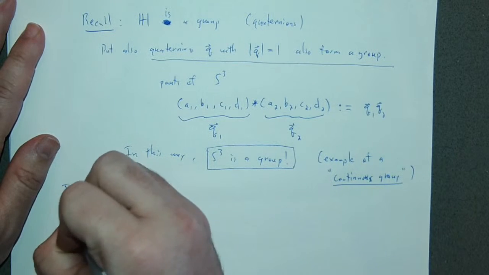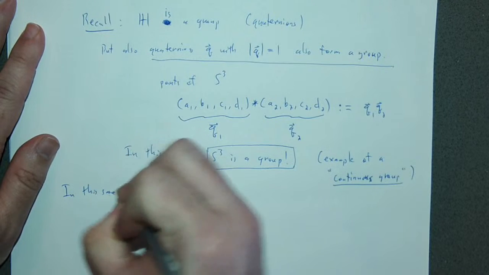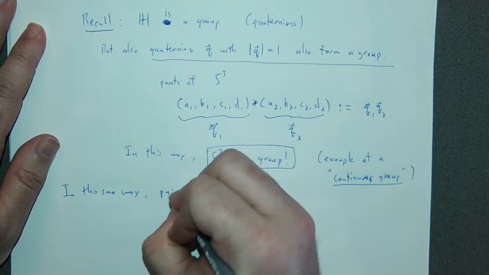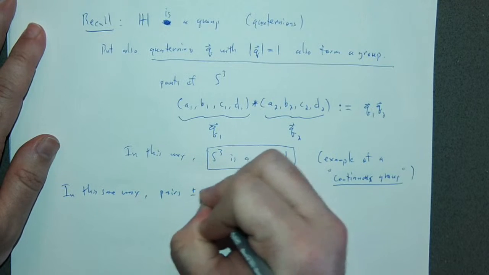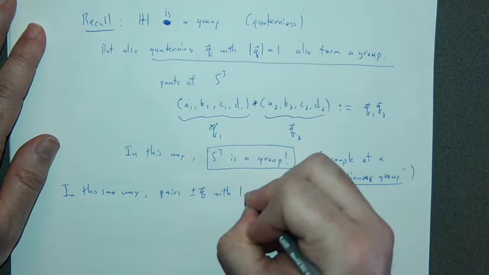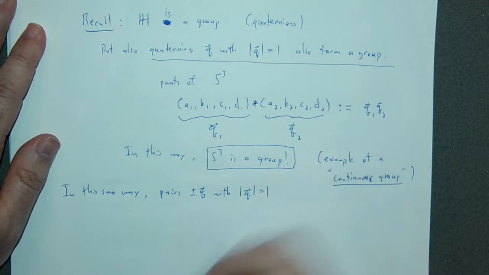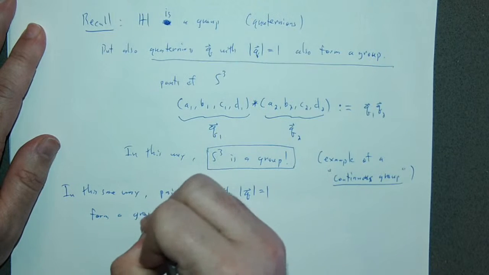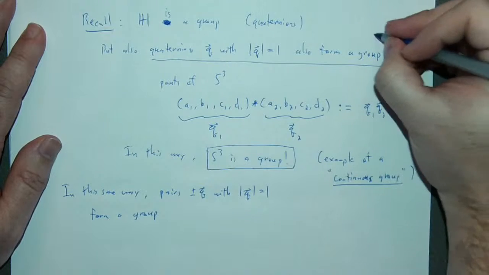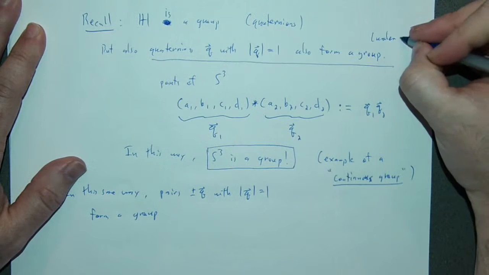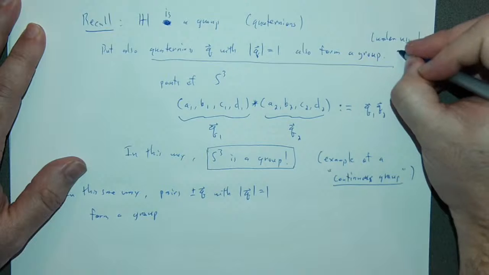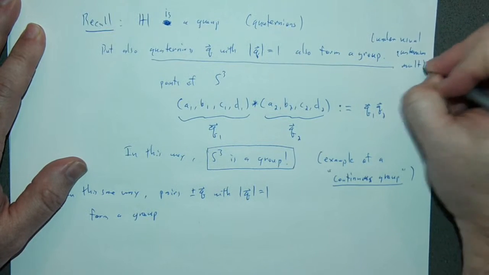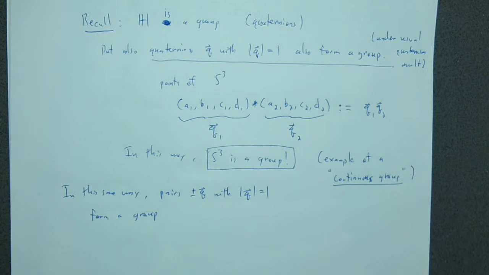In the same way, pairs of quaternions plus minus q with absolute value 1 form a group. So they form a group in the previous case under the usual quaternion multiplication, that is multiplication using all those relations on those symbols.